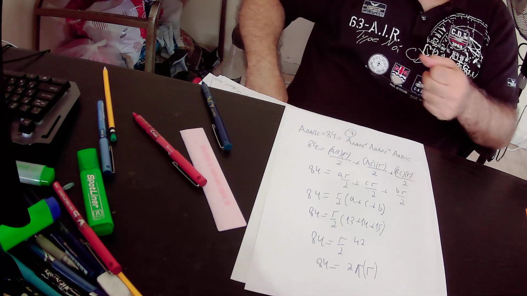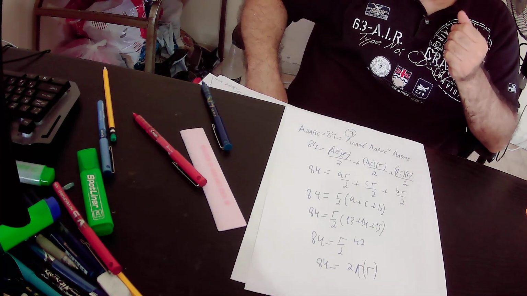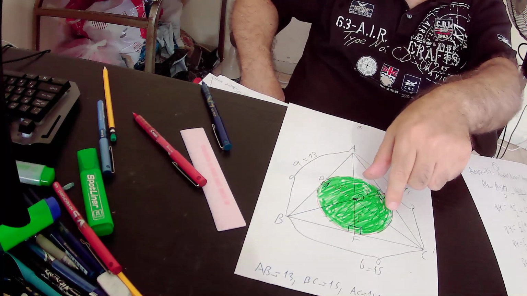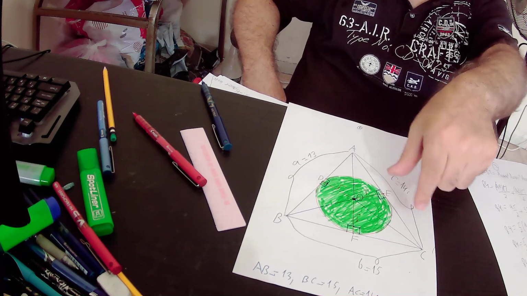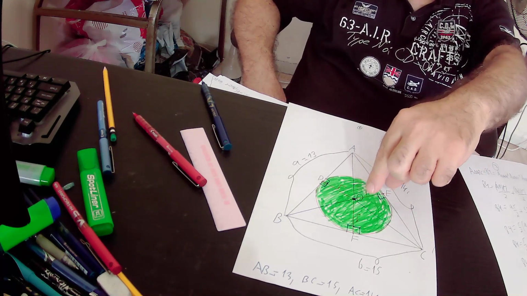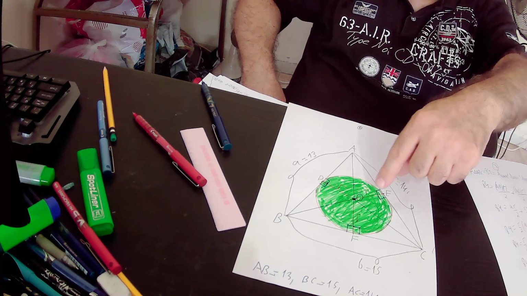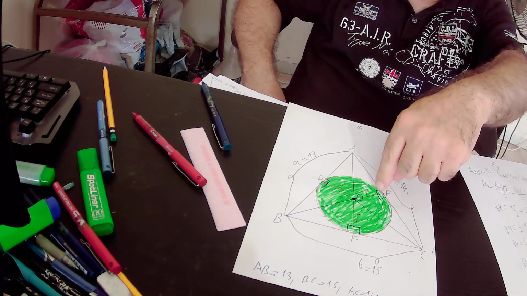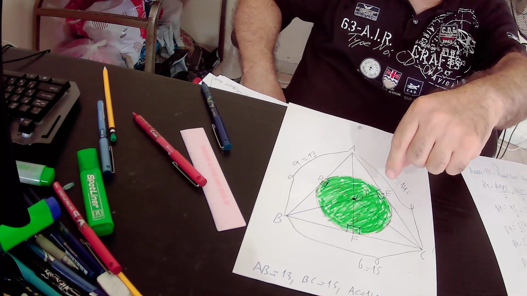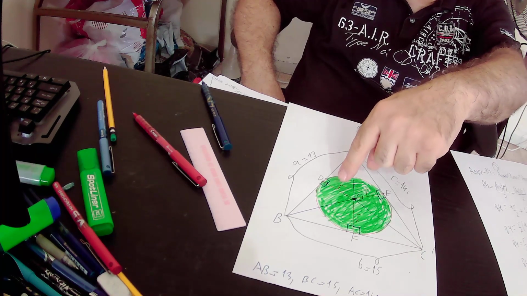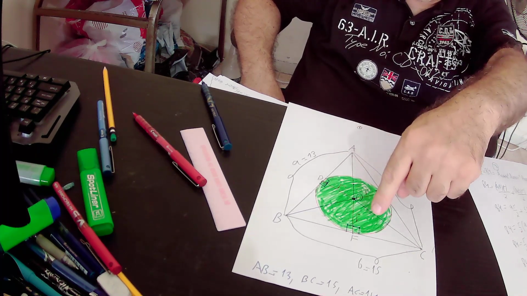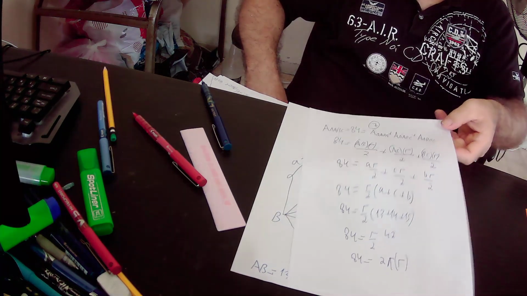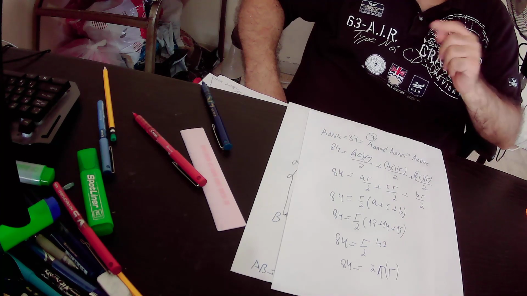The area of each small triangle equals the base times the height to the base over 2. The height to the base is the radius, because the radius creates 90 degrees with the base. So the only missing variable here is the radius of the green circle.